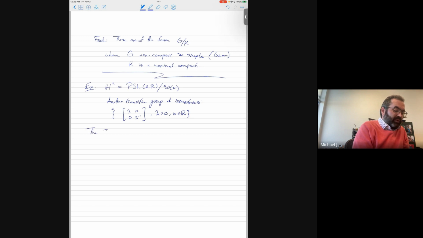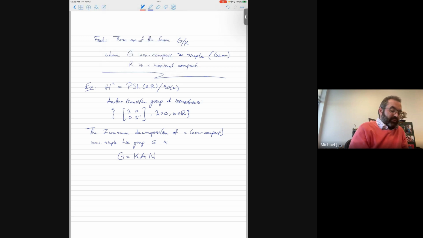So the Iwasawa decomposition of a, well, I'll say non-compact. I mean, it's true for semi-simple in general. It just doesn't mean very much for a compact one. So the Iwasawa decomposition of a non-compact semi-simple Lie group G is, well, it's this decomposition G equals KAN, where this K is a maximal compact.